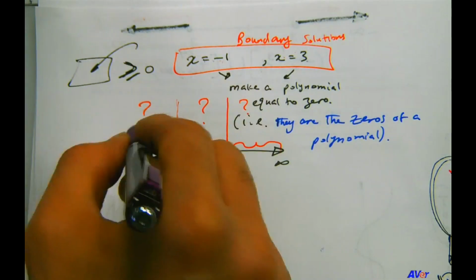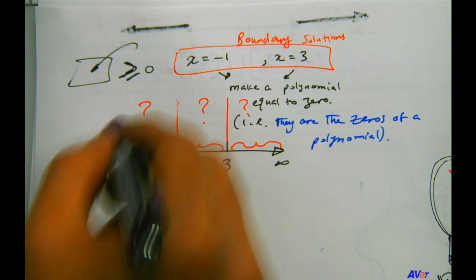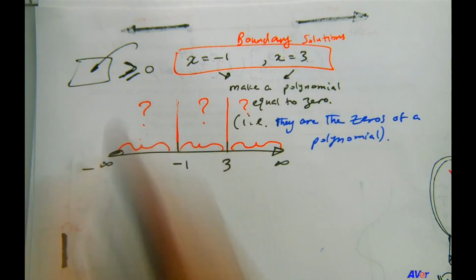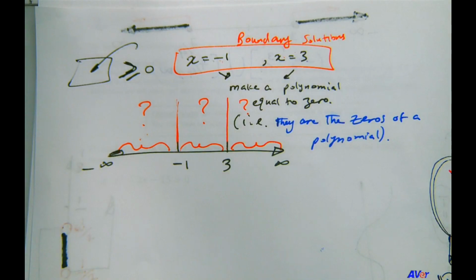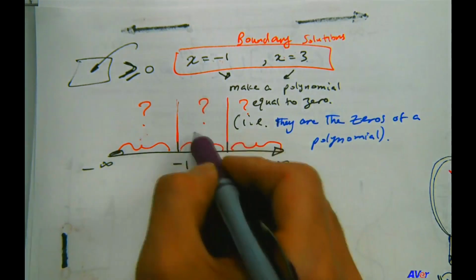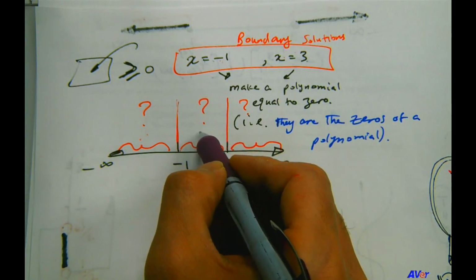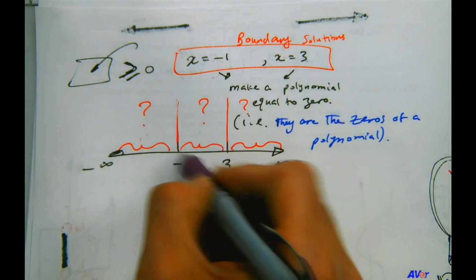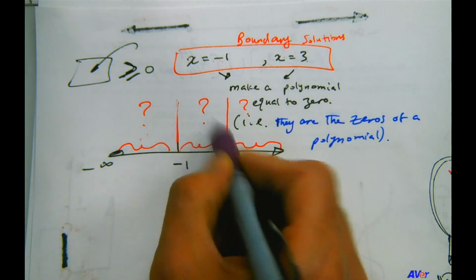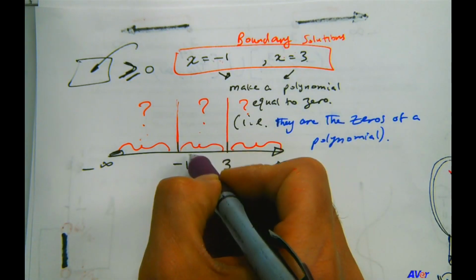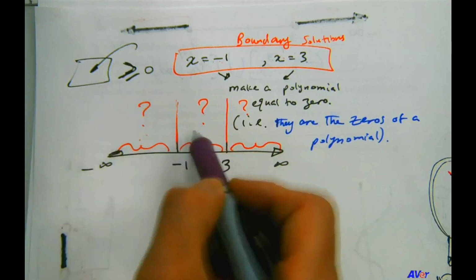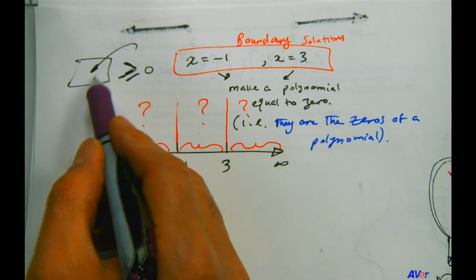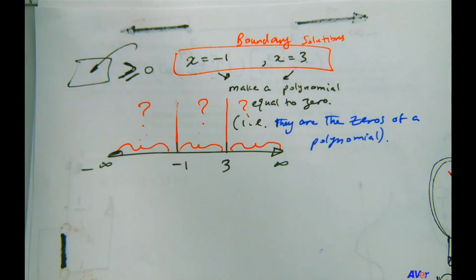If that number does not check out, then none of the numbers in that region check out. None of the numbers in that region are valid. If you test a number in this region and it checks out and it's a valid result, then all the infinitely many numbers in this region are a valid substitute in this inequality, or a solution of that inequality.